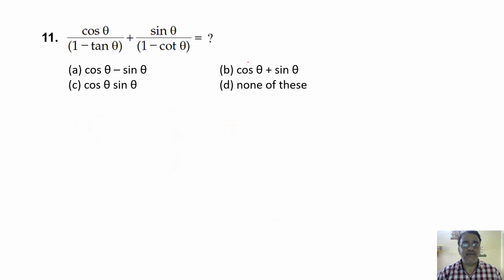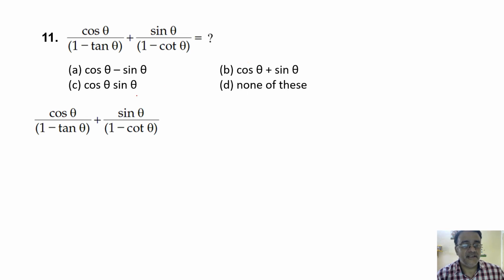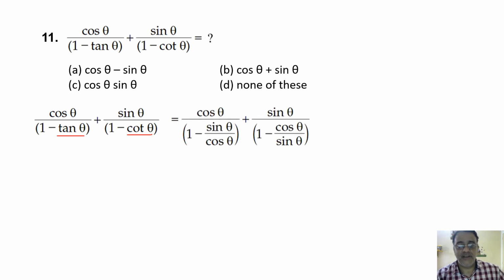Cos theta upon 1 minus tan theta plus sin theta upon 1 minus cot theta is equal to question mark. So here also we will write tan and cot in terms of sin and cos. So tan theta is sin theta upon cos theta and cot theta is cos theta upon sin theta. Okay. अब denominator में LCM लो.